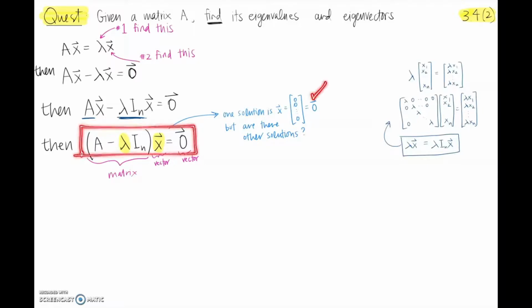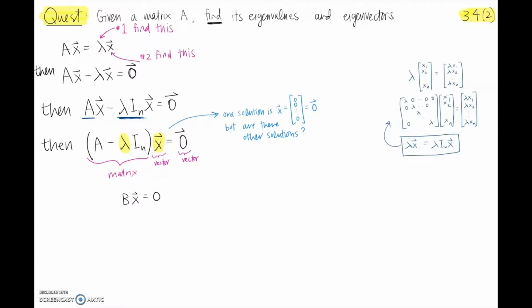We know that there's one solution, so we're asking, could there be more? And if there's more, then there are many solutions. We can think of all of this as some matrix B times the vector x equals 0.